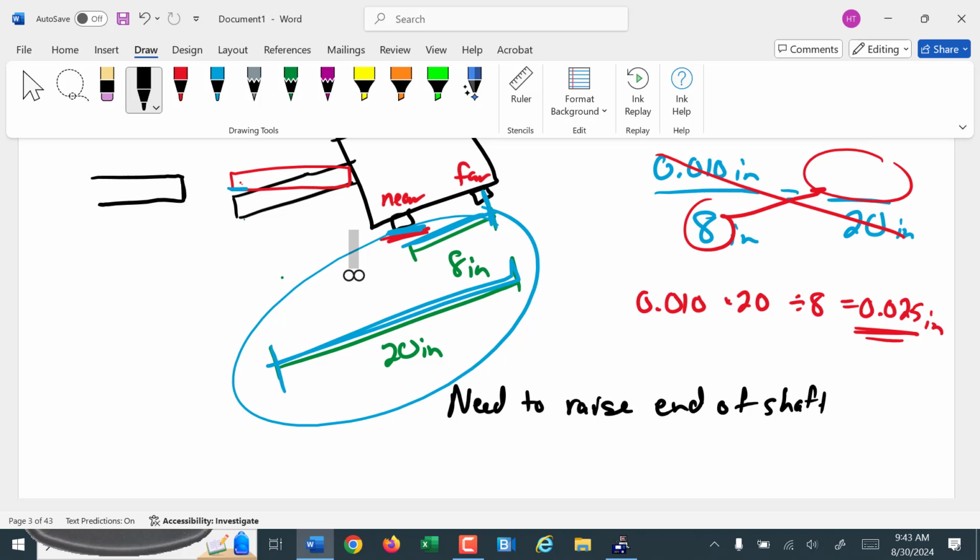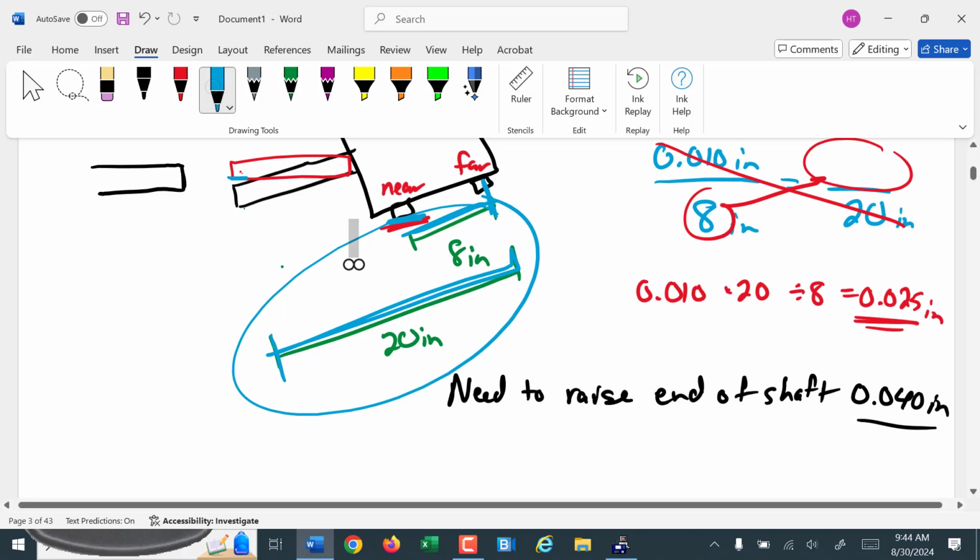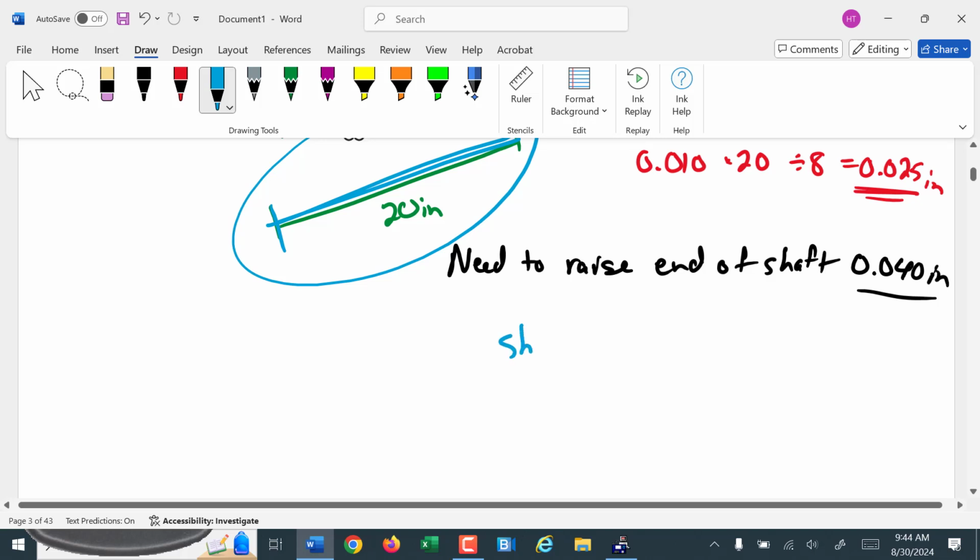So let's say that we do some measuring here, and we realize that we need to raise the end of the shaft 40 thousandths.